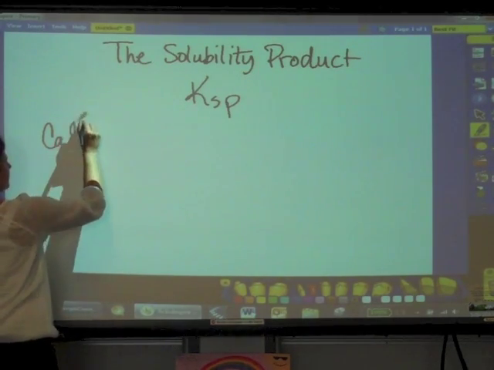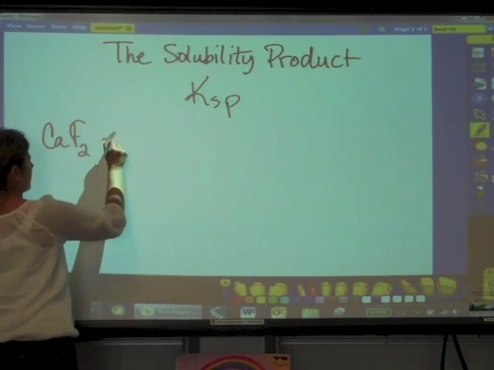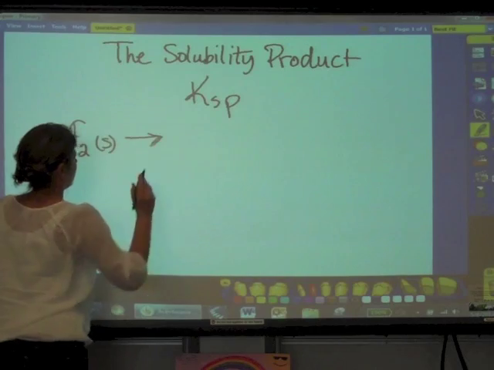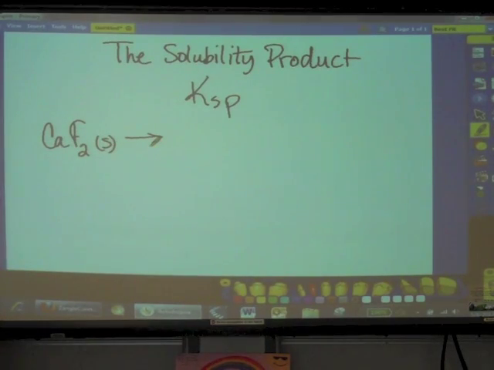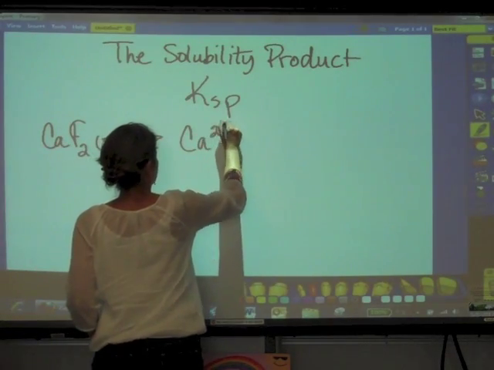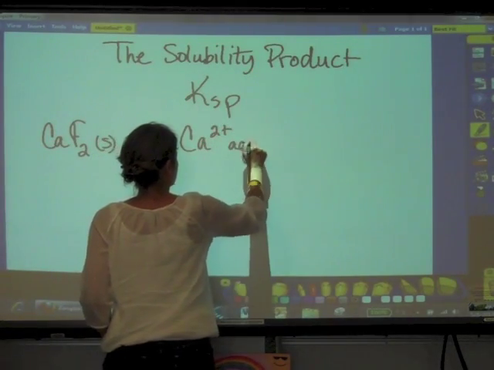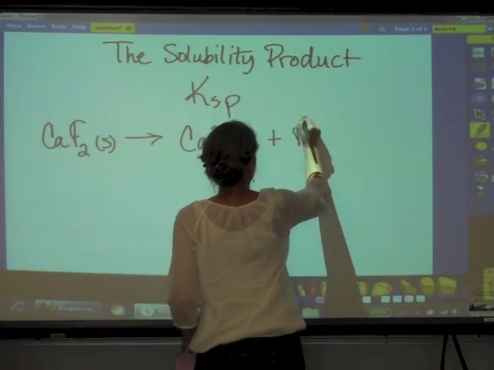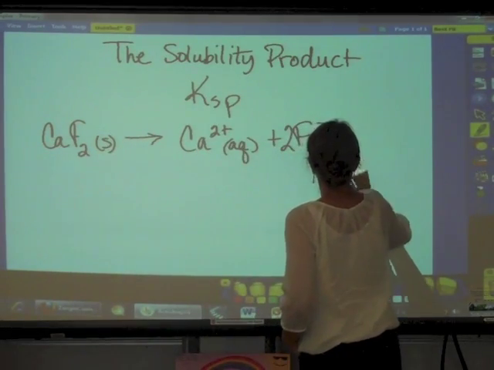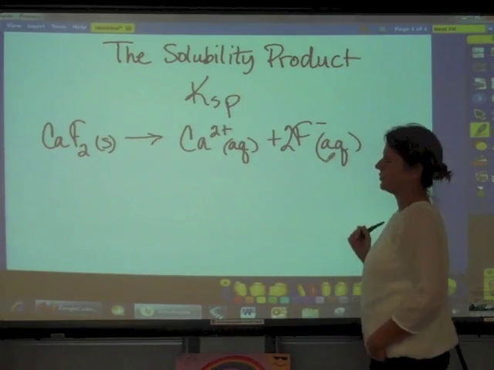So in the past, we have said calcium fluoride, solid. If we put that into water and it dissolves, then we've got calcium ion and fluoride ion in solution.